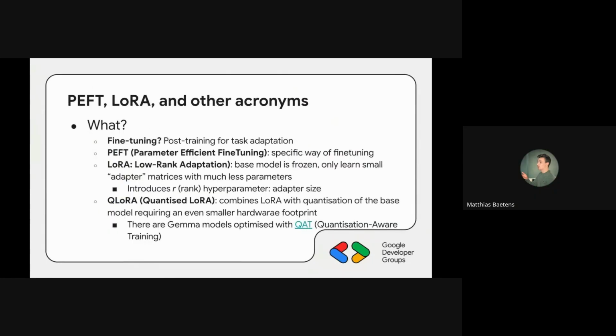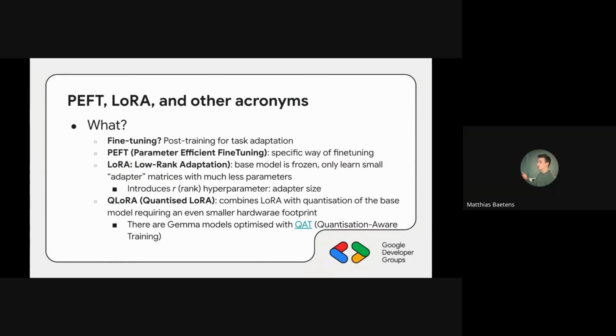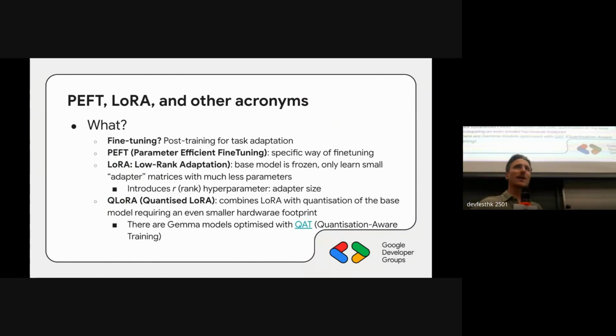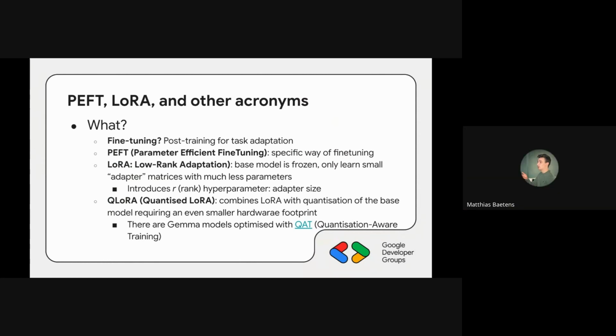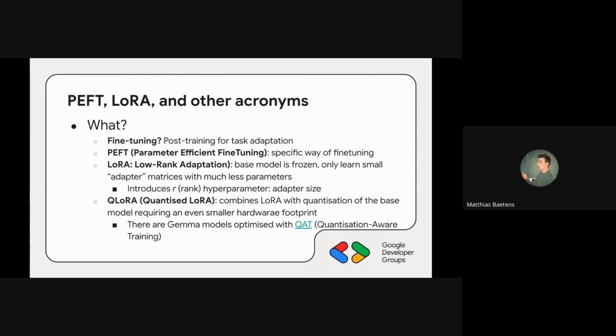So what is fine-tuning? Basically, we take a model and we post-train it for certain task adaptation. There's full fine-tuning, but nowadays, if you talk fine-tuning, most people are talking about parameter-efficient fine-tuning, or PEFT, which is a way of fine-tuning where you freeze most of the parameters and only train a few. Two techniques were very popular.